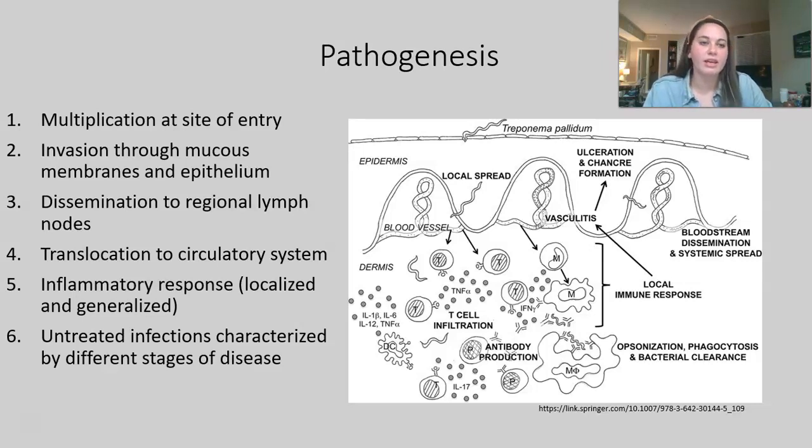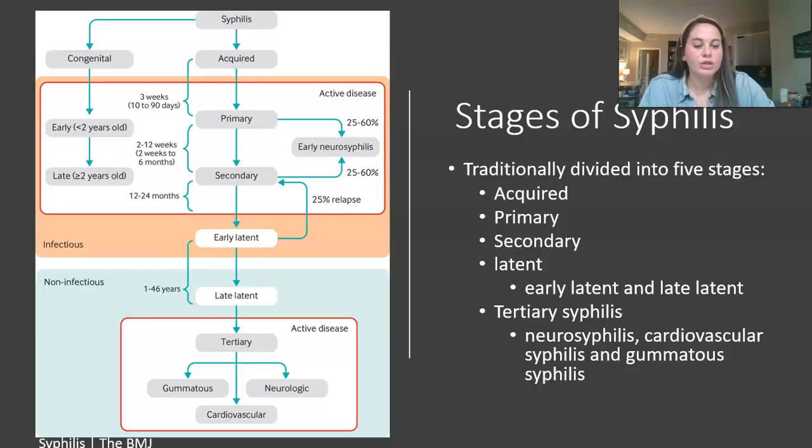And after that, the inflammatory response can be either localized or generalized, and untreated infections are then characterized by the different stages of the disease. So traditionally, syphilis is divided into 5 stages: acquired, primary, secondary, latent, and tertiary. And we're going to talk about each of these.